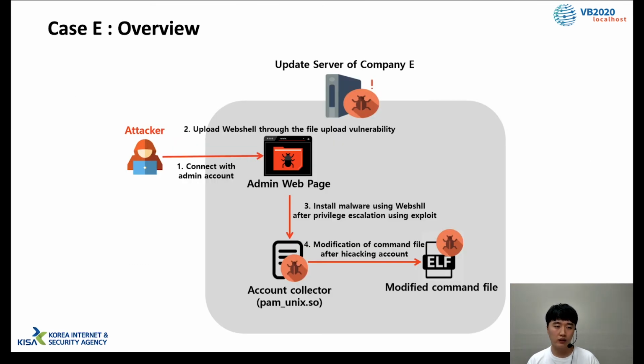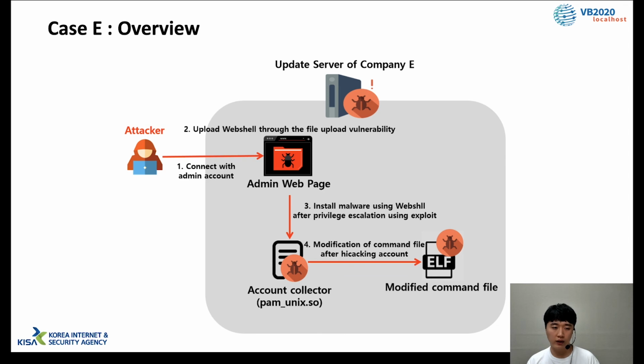This is about case E. The update server was compromised by the attacker. The attacker logged into the update server's webpage with an administrator account hijacked in advance. Then the attacker uploaded the web shell.